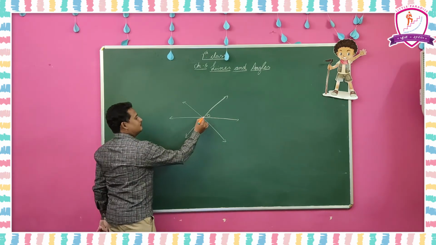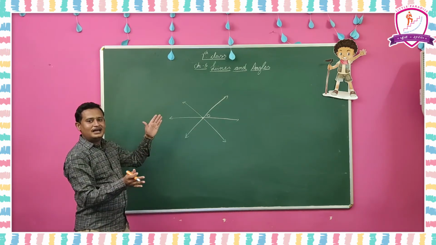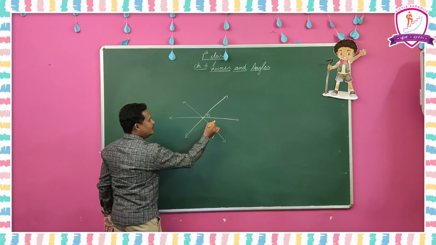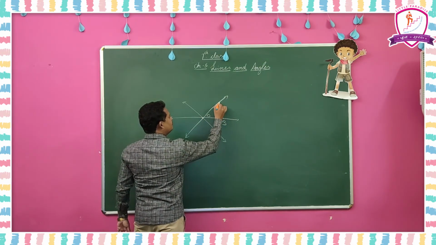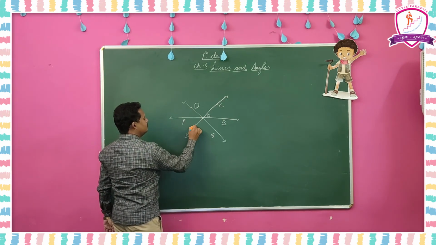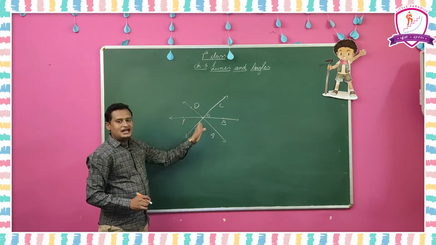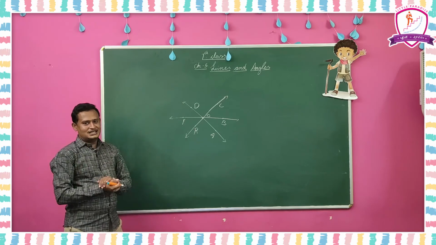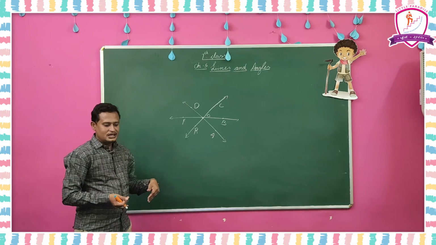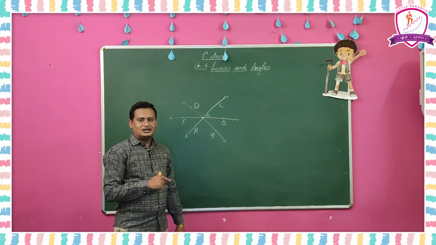From this point every line is divided into 2 equal rays: O to A, O to B, O to C, O to D, and so on. These lines all intersect at one point. Okay, next.